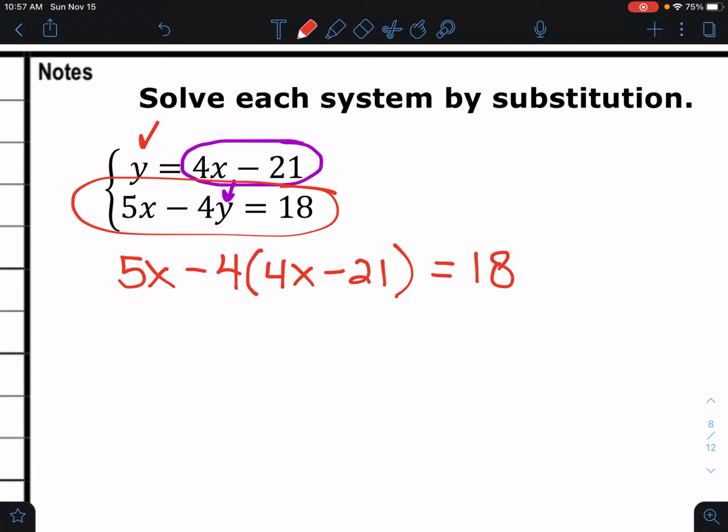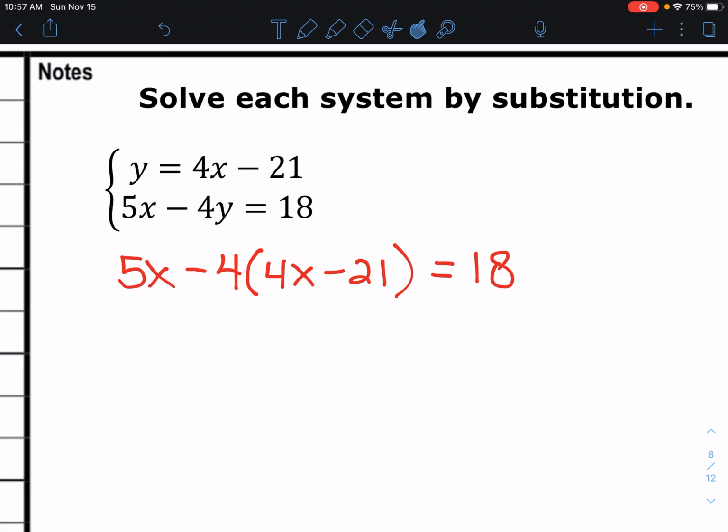I have to do some simplifying, but we spent a lot of the beginning of the year doing this, so that's what we're going to do. We're going to distribute. I'm going to erase this here so you can see a little bit better. So I'm going to distribute this -4 to both of these. And yes, think of that as a -4.